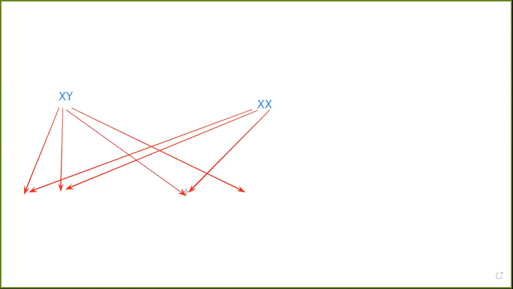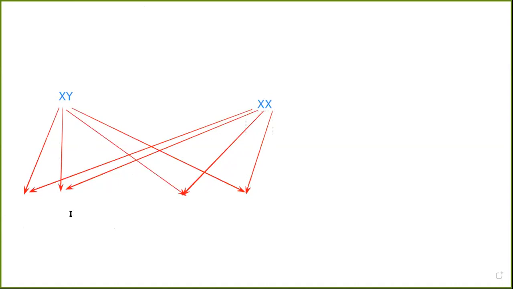I'm not sure that I'm looking at all the possible combinations here, but that should be enough. Mother's X chromosome can couple with father's X chromosome, and each one of those can couple with each of those, so we will have 4 instead of 2.